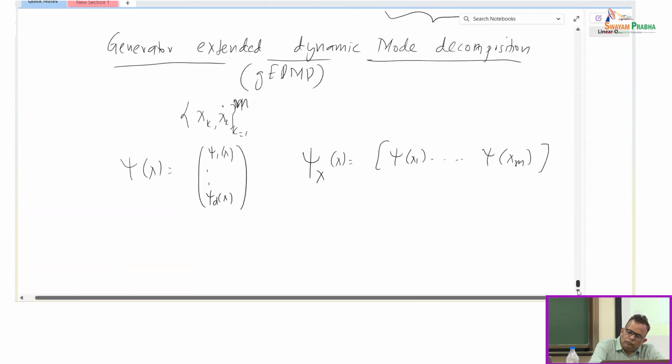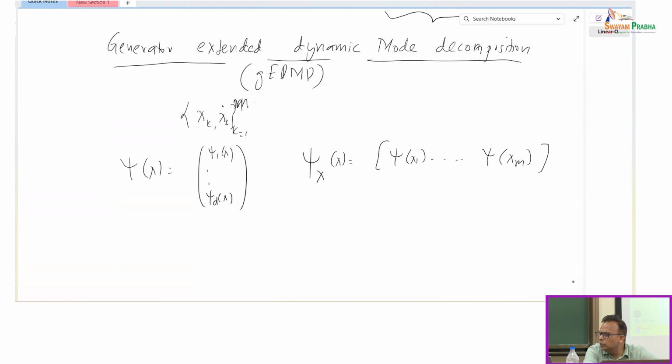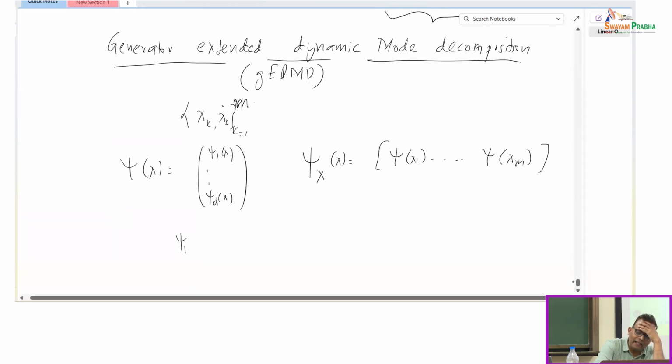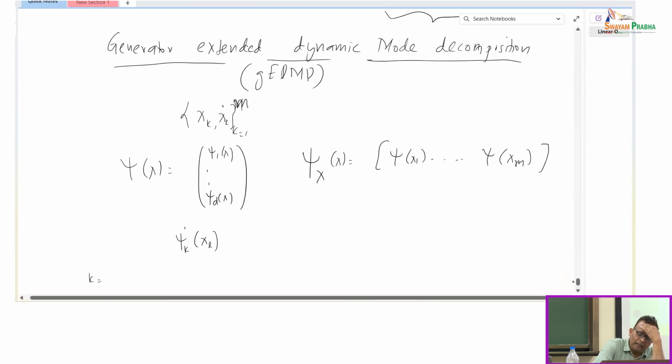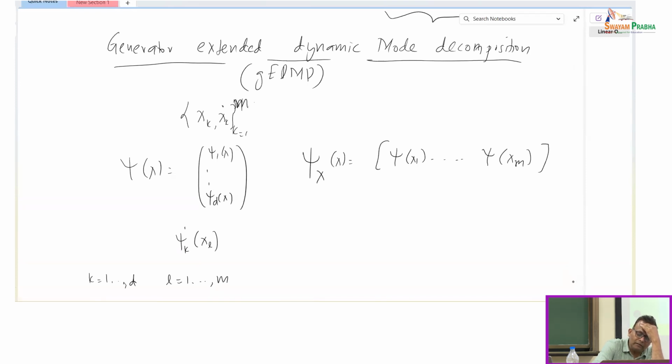Okay, and now for the derivatives part, you have this function psi. So now you define psi k dot of x l. Here k is going from 1 to d, l is going from 1 to m. So l is for data points and k is for the lifting functions, the number of lifting functions.